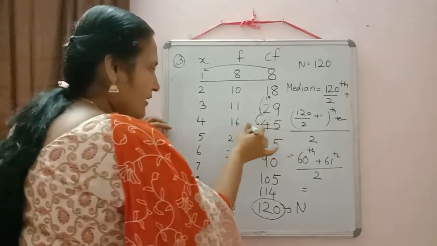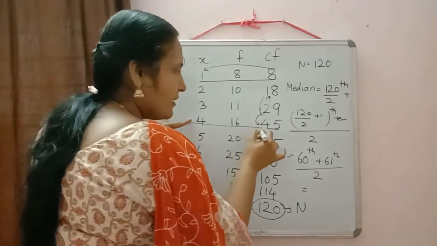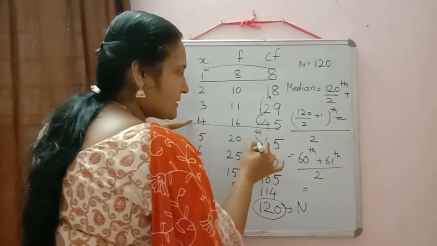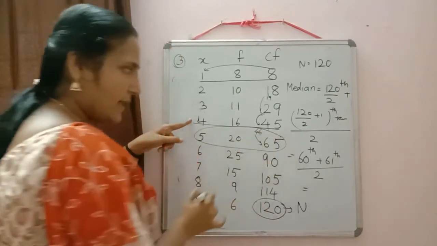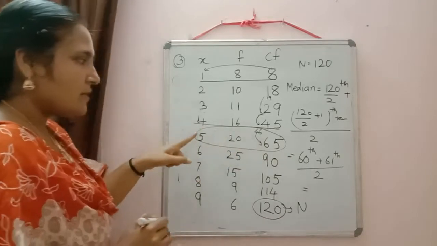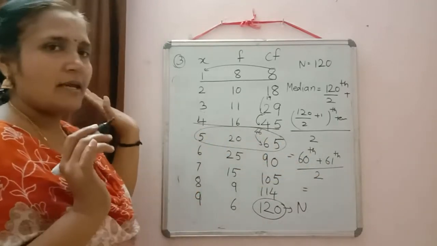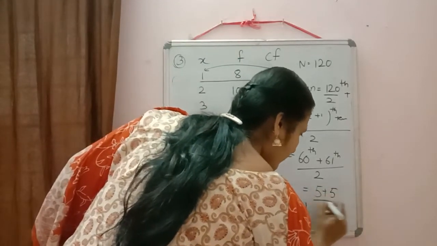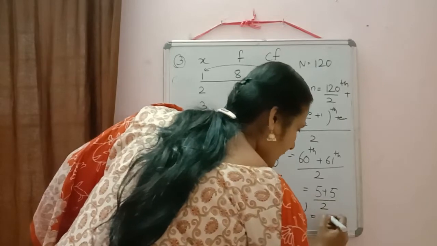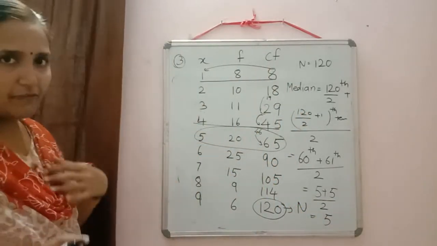Till 45 the numbers are equal to 4. After 45, from 46 to 65, all numbers are equal to 5. So the 60th observation is 5 and the 61st observation is also 5. So we write 5 plus 5 by 2. So 10 by 2 is equal to 5. So median is equal to 5.